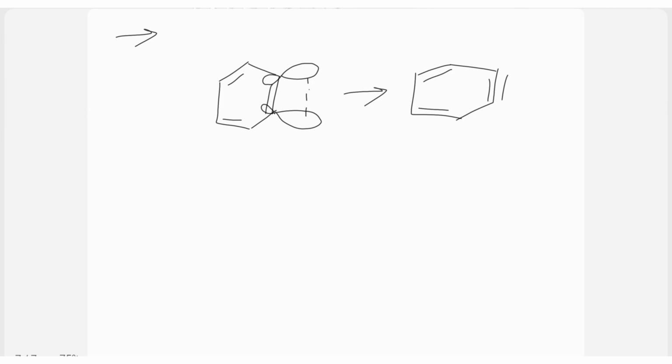Okay, let us see a few examples where benzyne is generated. Whenever there is a benzene ring with fluorine and bromine, when we add magnesium or lithium, then we observe the formation of benzyne.